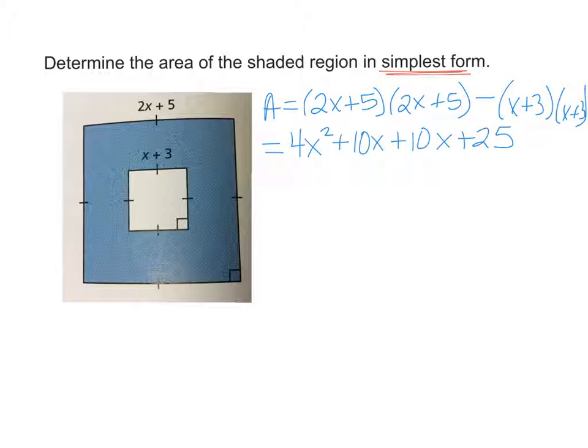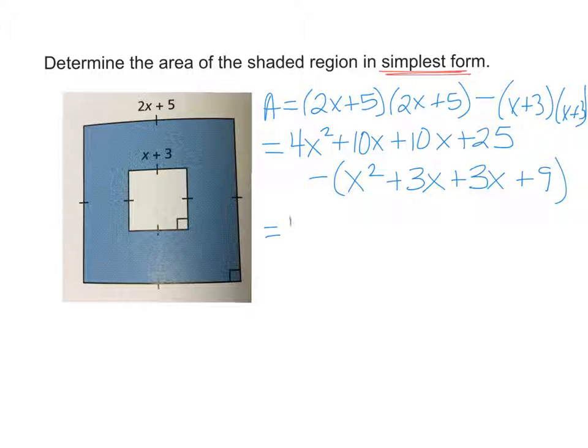That's taking 2x and multiplying it by 2x and by 5, and then taking 5 and multiplying it by 2x and by 5. And then I'm going to subtract x plus 3 times x plus 3. So I'm going to do x times x is x squared, x times 3, 3 times x, and 3 times 3.